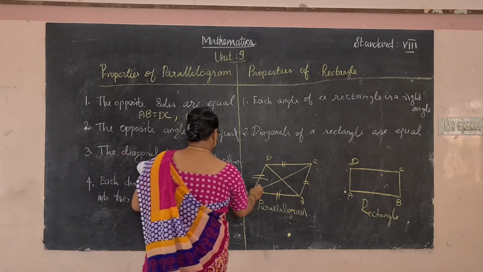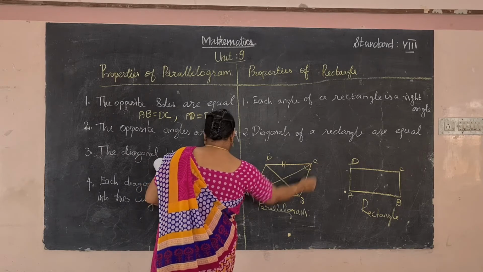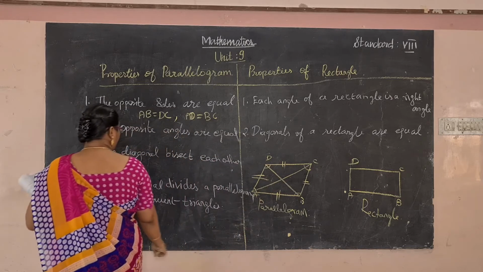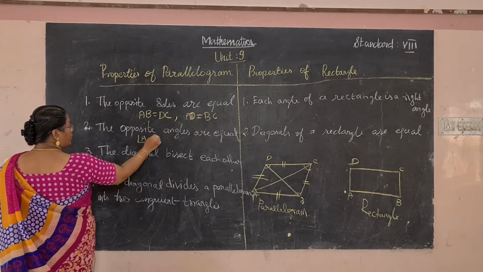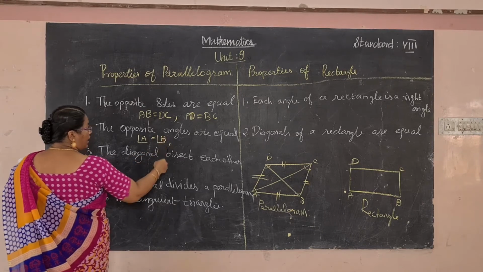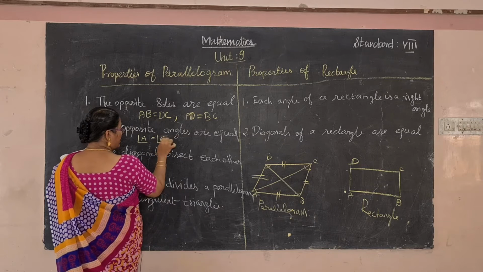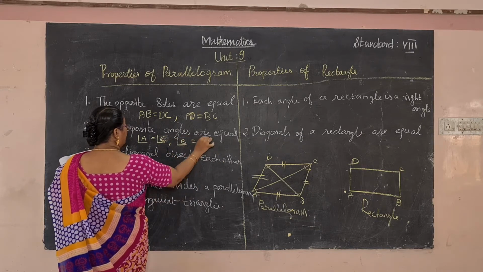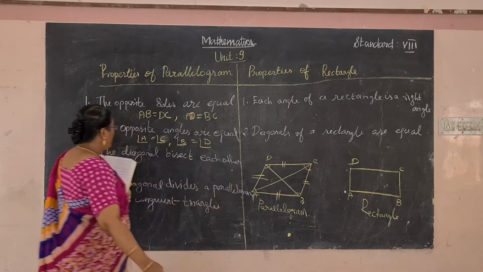What are the opposite angles here? Angle A and angle C, angle B and angle D. So angle A is equal to angle C, and angle B is equal to angle D. Opposite angles are equal.